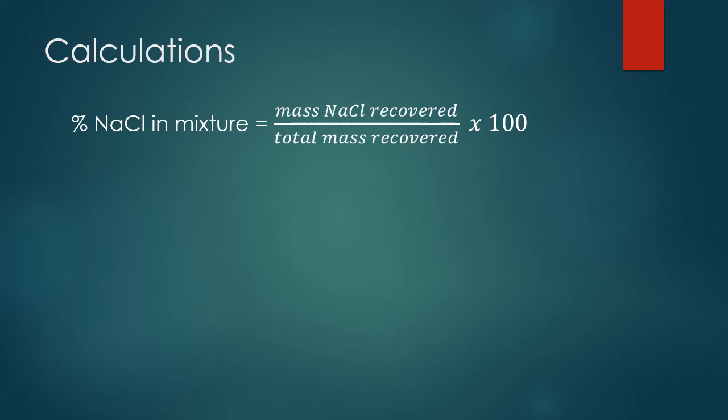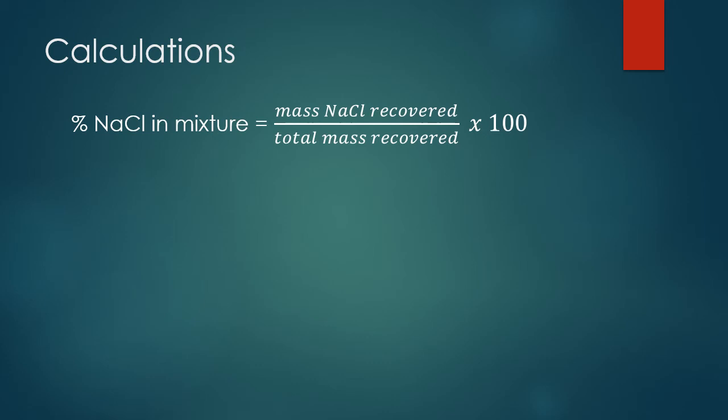So now let's look at calculations. One of the calculations you have to do, and this is number 2 on page 43, so I went a little bit out of order here, but number 2 is saying calculate the percent of sodium chloride in the mixture. So to calculate the percent of sodium chloride, you're going to be using the following equation.